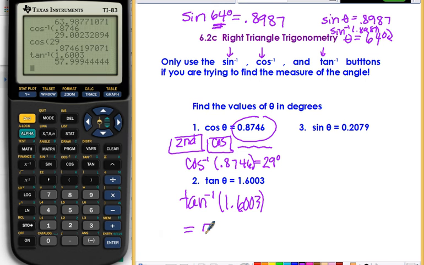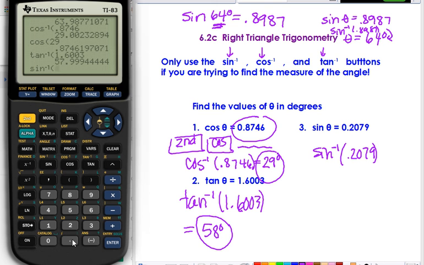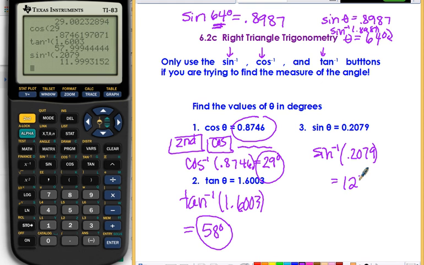We'll round that to 58 degrees. Last one. Sine of some angle equals 0.2079. So we're going to hit second sine, 0.2079. Make sure you have the -1 up there by it for inverse. Hit enter, round to the nearest whole number, so that's almost 12. That's going to be 12 degrees.